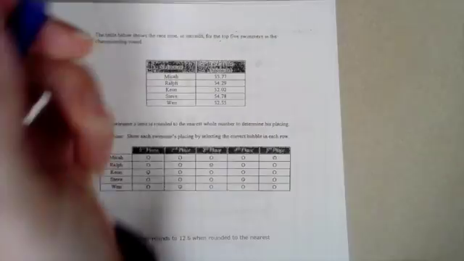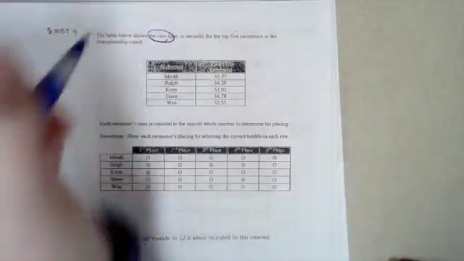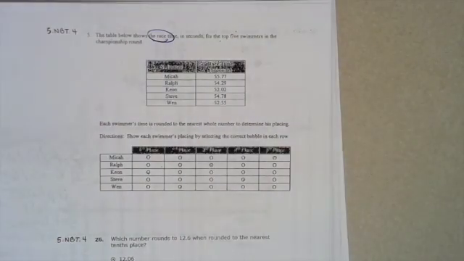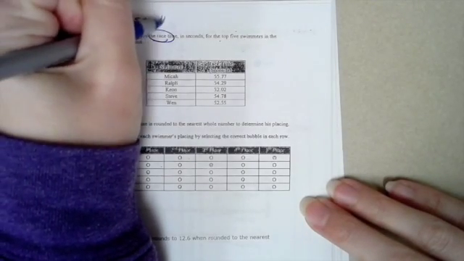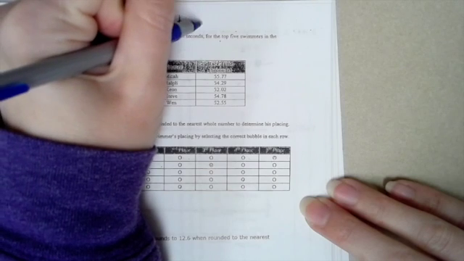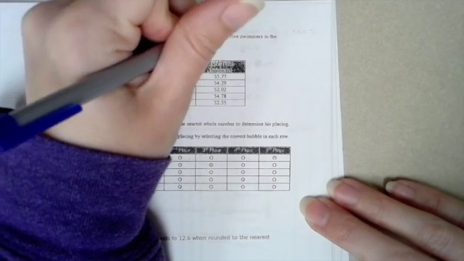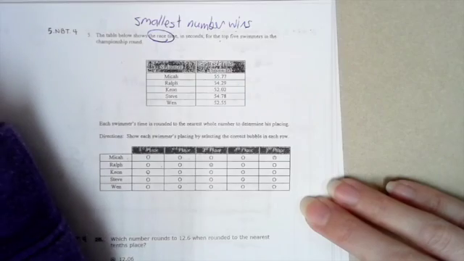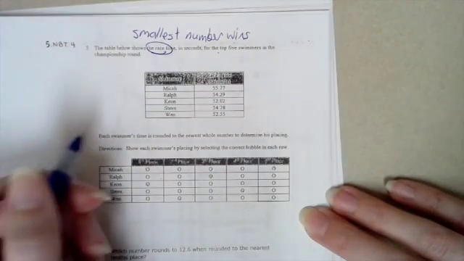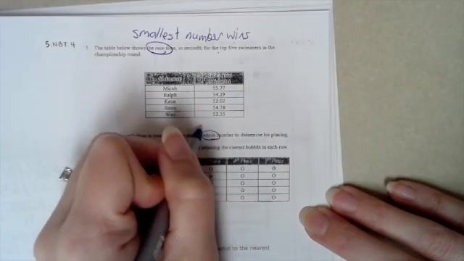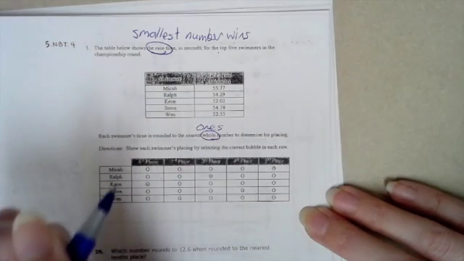This is a race. So a race means the smallest number wins. Not the largest number, but the smallest number wins. We also need to know that when we round to the whole number, that is the ones place.